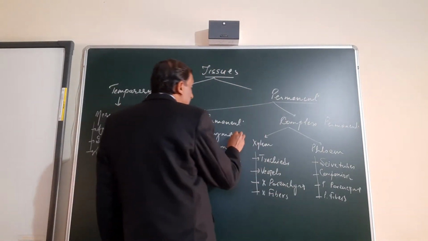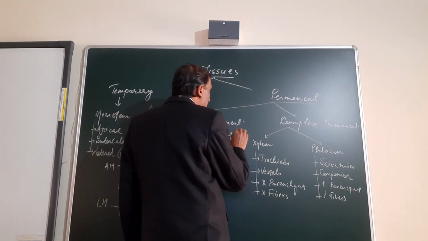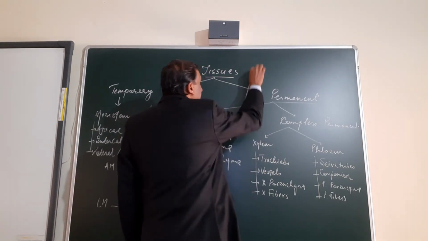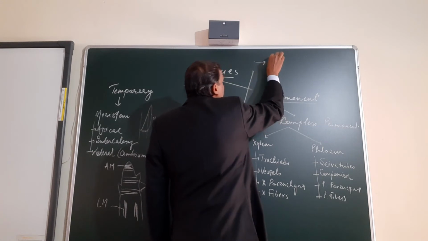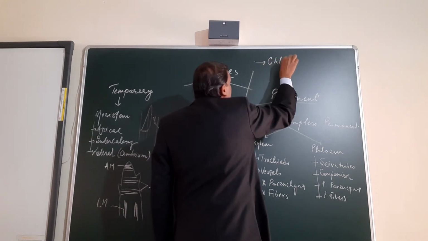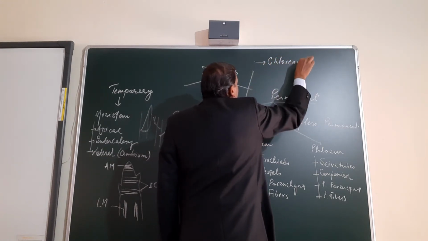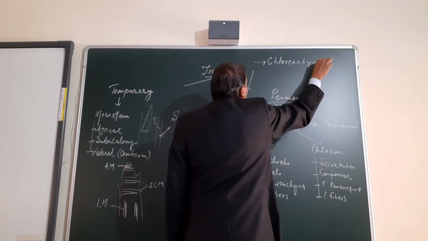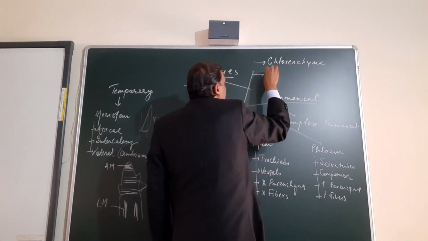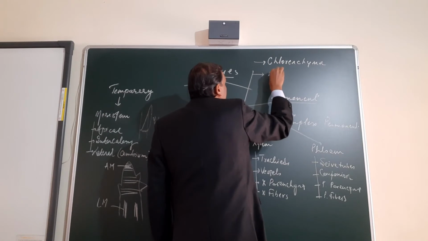Now the cells of the parenchyma can modify in two different ways. The first is chlorenchyma and the second is aerenchyma.